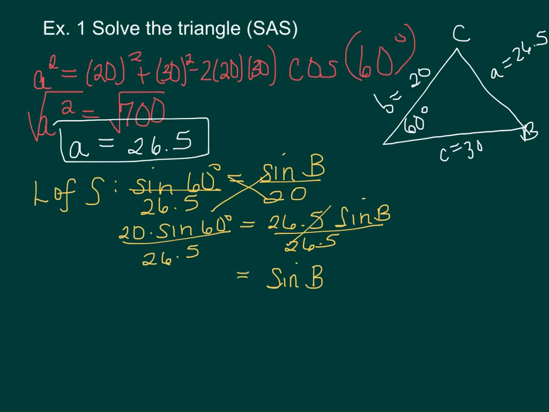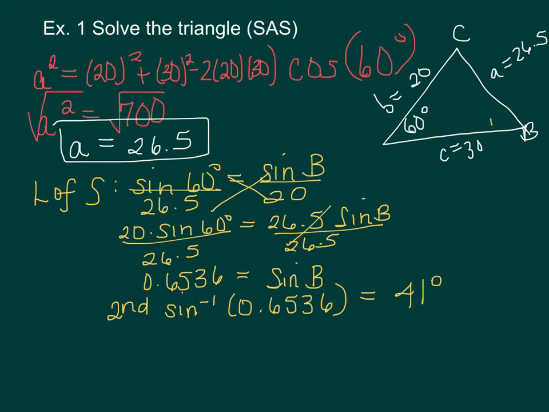And you'll get something like 0.6536. Then remember you do second sine to find angle B. Which means angle B would be 41 degrees.